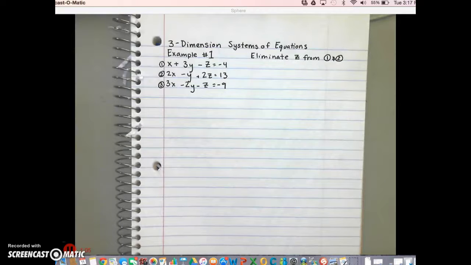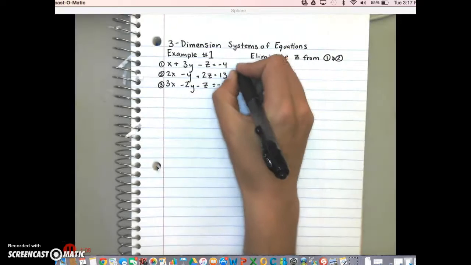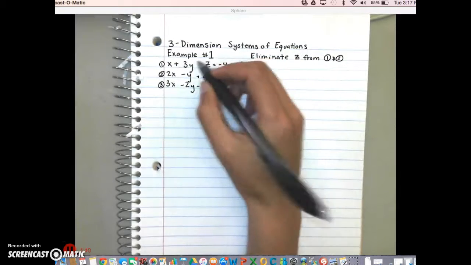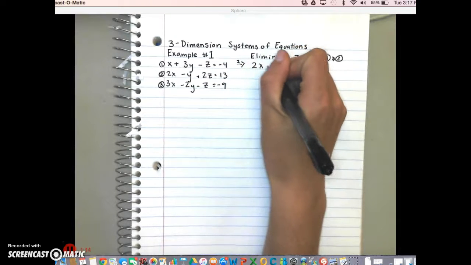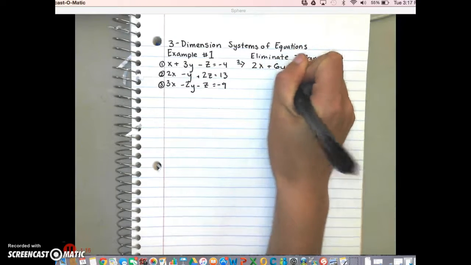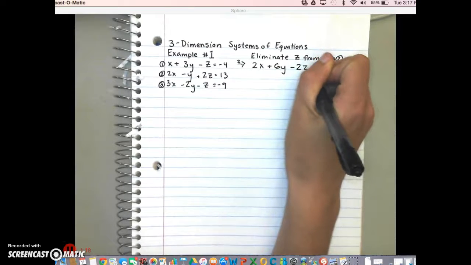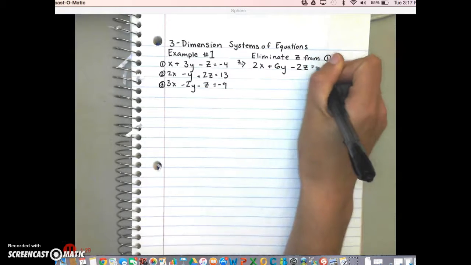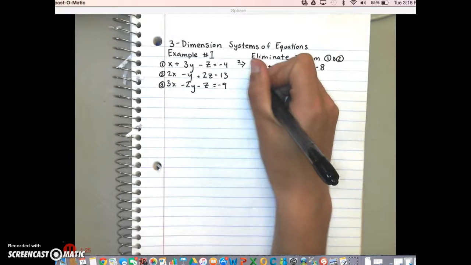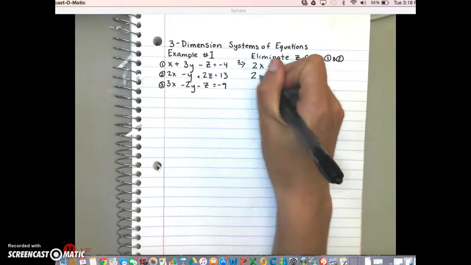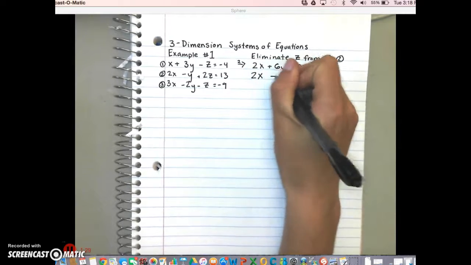To eliminate z from equation 1, I need to multiply it by positive 2. 2x plus 6y minus 2z equals negative 8. And then I don't need to change equation 2, so I just rewrite it exactly as it is.